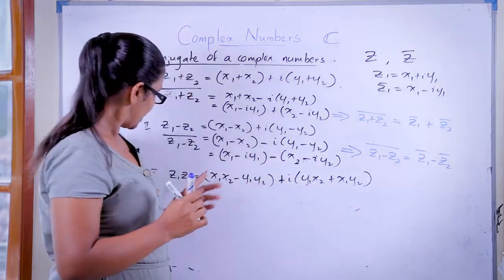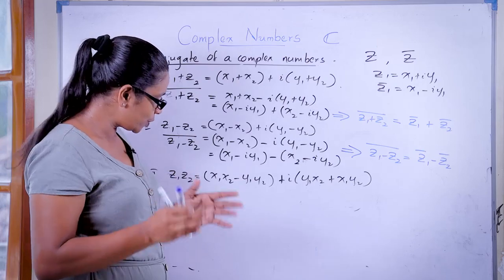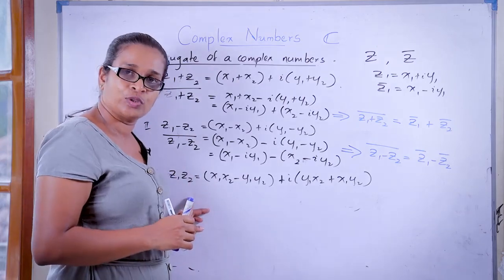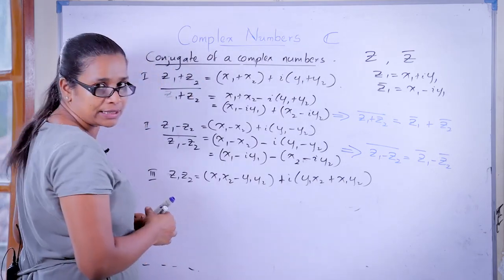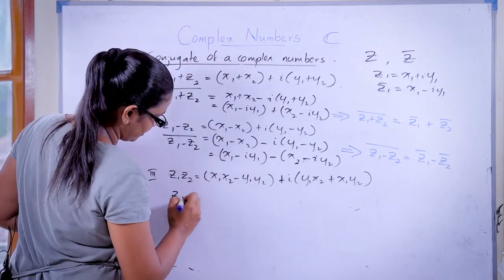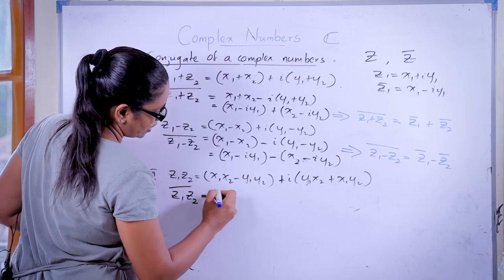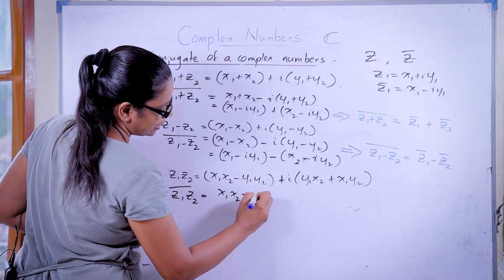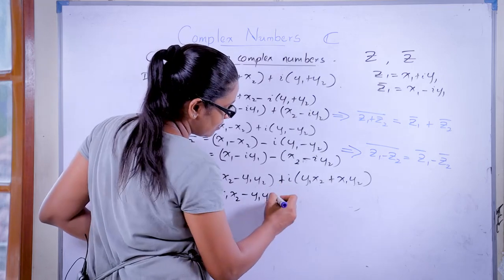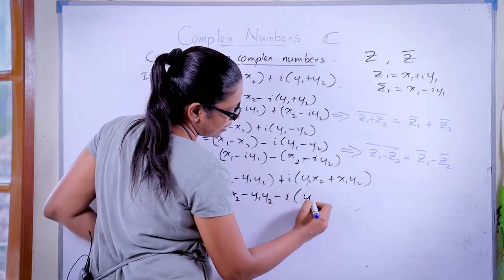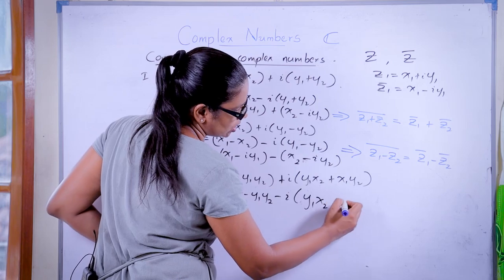Okay. Now, when you consider the multiplication, I proved this one, multiplication of two complex numbers equals this. So I am going to consider the conjugate of the multiplication. So x1 x2 minus y1 y2. Instead of this plus, I am going to write minus here because I am writing the conjugate of the multiplication.